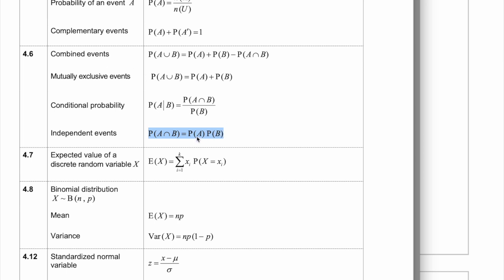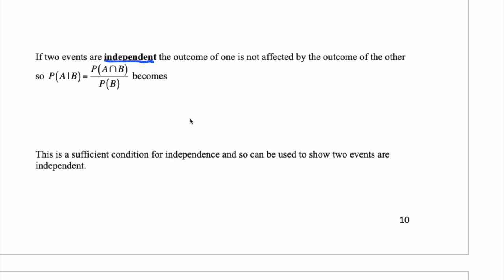So if you want to prove they're independent, you can multiply and see if it equals the intersection. Or if you want to prove it's not the case, then you show that they're not equal. This formula can come straight from this here.